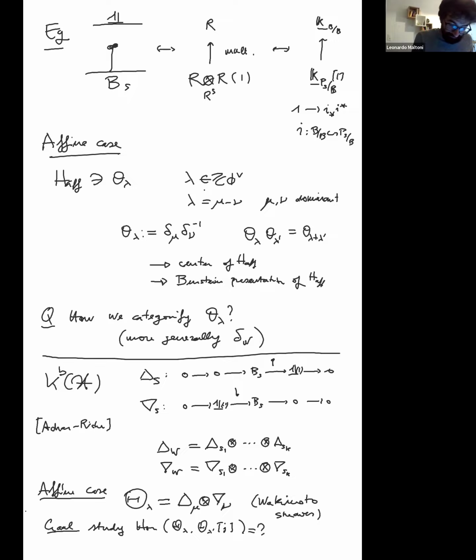So how do we attack this problem? Actually the same category was considered by Rouquier as a categorification of the braid group. So what does that mean?